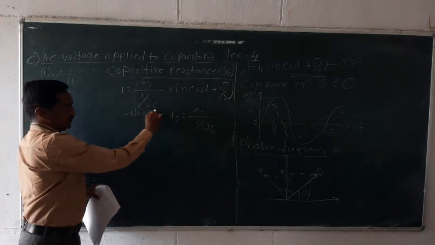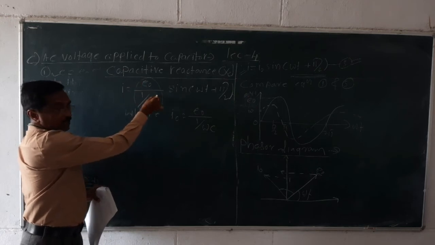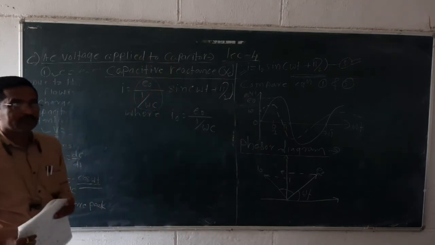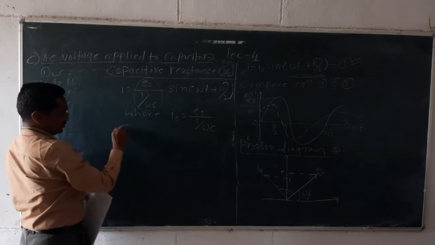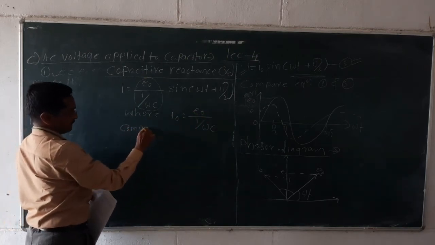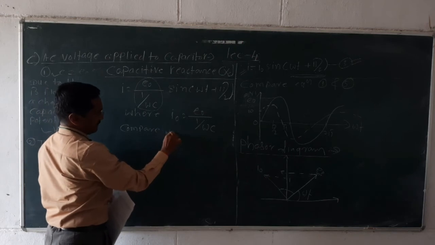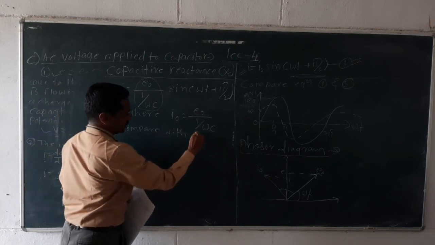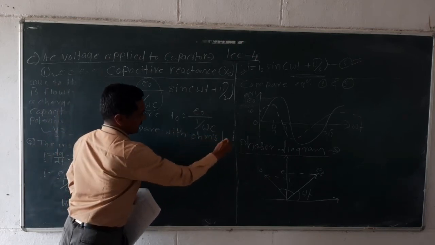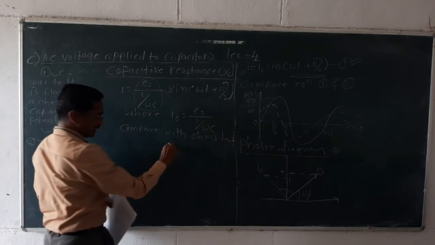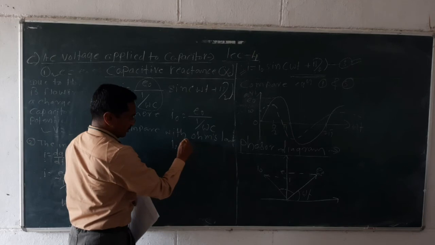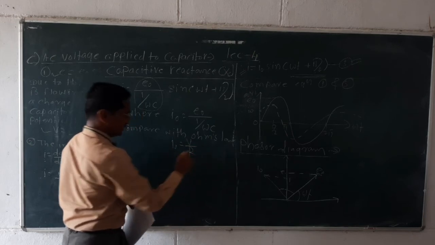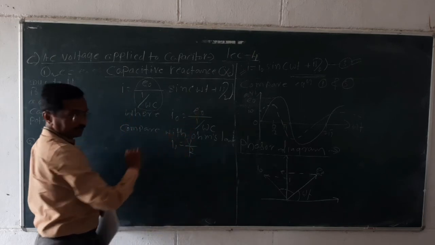त्याच्याबद्दल काय लिहू शकता तुम्ही? I naught sine. So instead of this, we write this. Compare this equation with Ohm's law. Ohm's law काय सांगतो तुम्हाला? करंट that is equal to potential upon resistance. Potential same meaning.